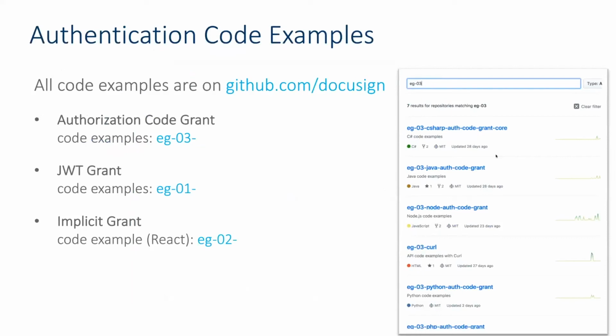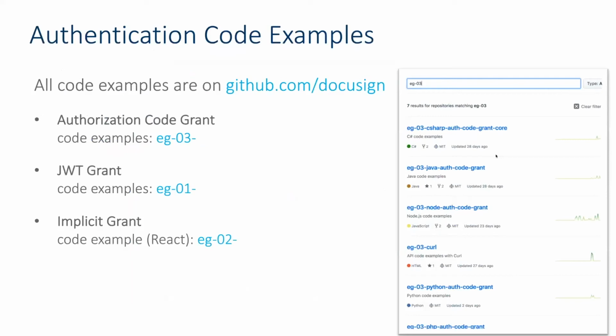These code examples are on our GitHub organization, github.com/DocuSign. On the right side of the screen, you can see a screenshot from GitHub where I've entered EG-03 in the repository search field, and that shows as a result the 7 results.